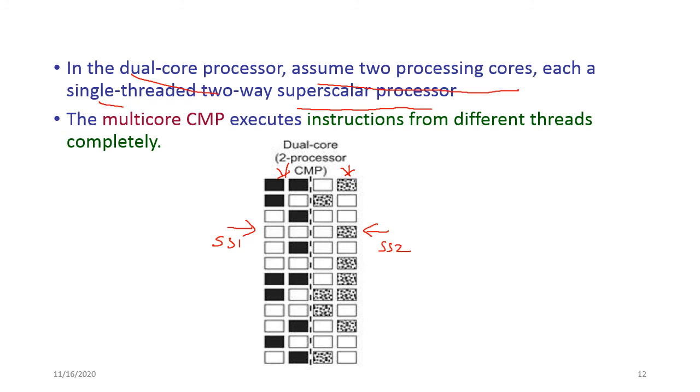And in the multi-core CMP, this is dual core. If it is multi-core, each core will execute instructions from different threads completely. One core will accept one thread and that thread will execute completely, and another core will accept the next thread and execute all the instructions from that same thread completely.